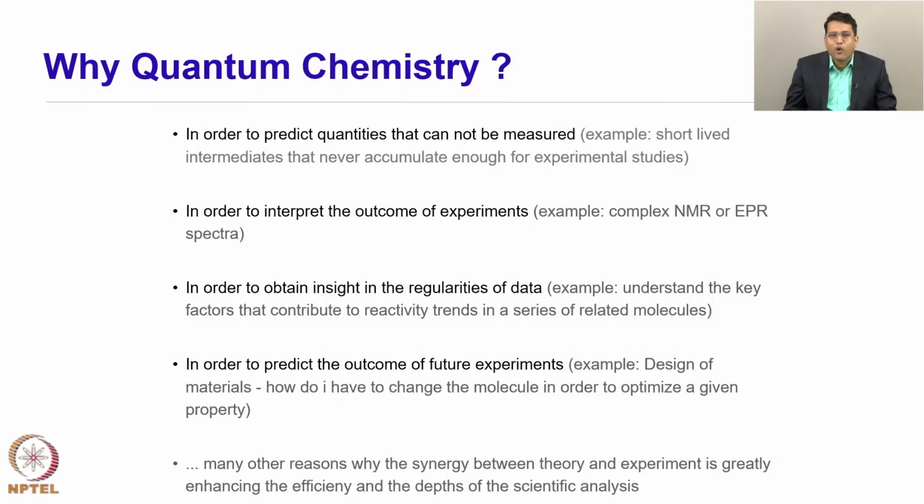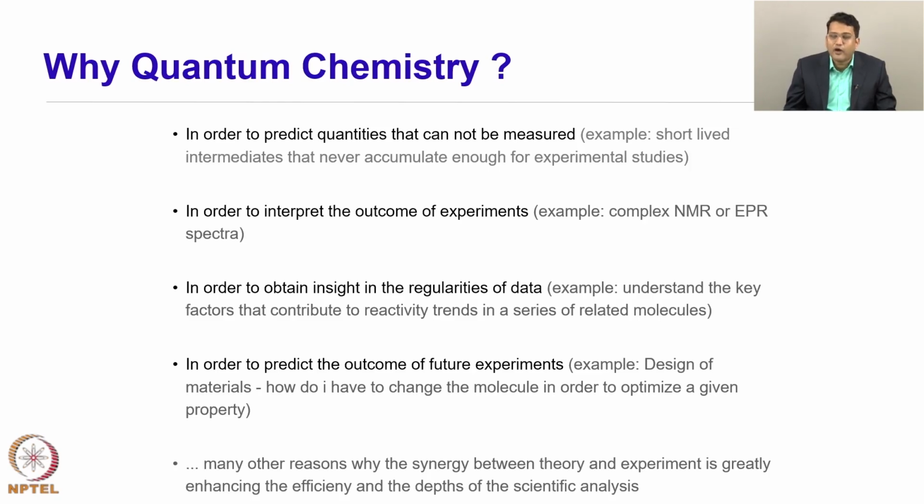We can predict quantities that cannot be measured, short-lived intermediates that never accumulate enough for experimental studies. Or we can interpret outcomes of experiments, complex NMR or EPR spectra. We can obtain insight into the regularities of data, understand the key factors that contribute to reactivity trends in a series of related complexes.